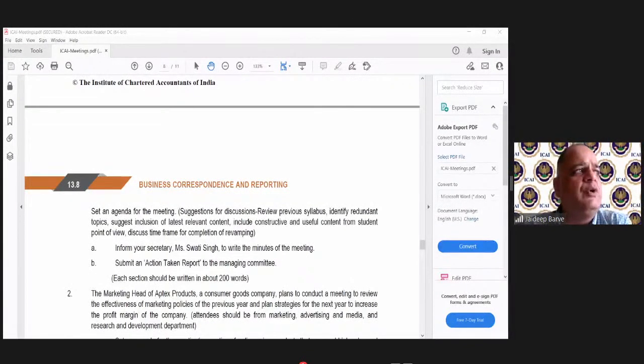If it's going to be only a 4-mark question, you should take a discretionary call upon the matter to be inserted and the detail required. Some of the questions, like in this particular question, say about 200 words should be written. So if they are saying that, you can follow that. Otherwise, you have to take a call according to the marks of the question.